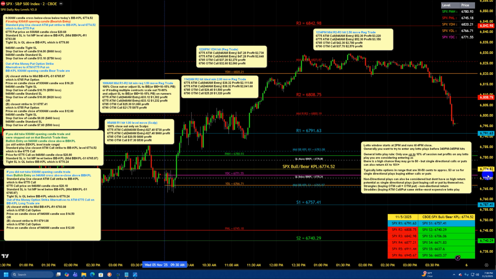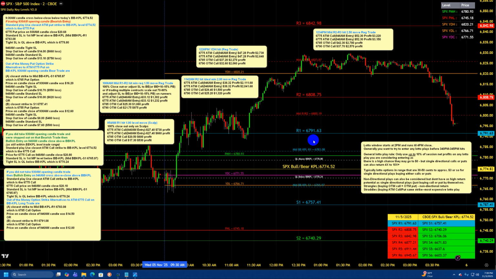You want to expand it out to have a look of either R3 through S3 or R2 through S2, or some combination thereof between those ranges, such as you see here on the screen.